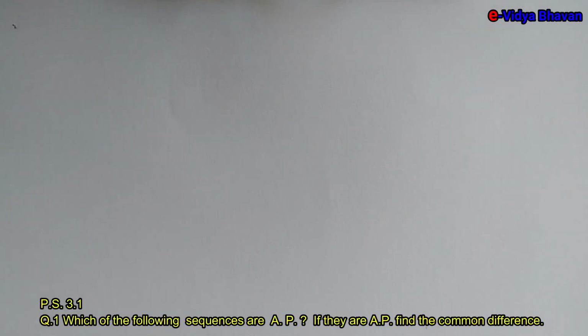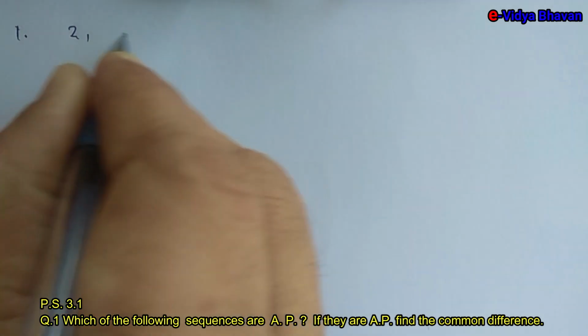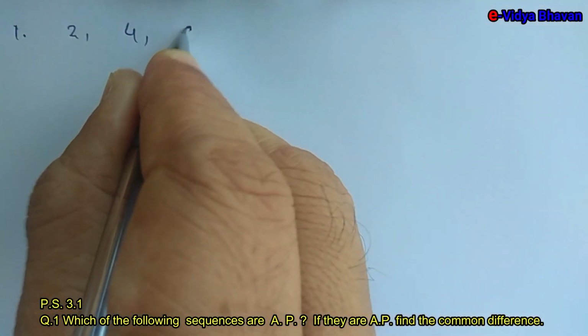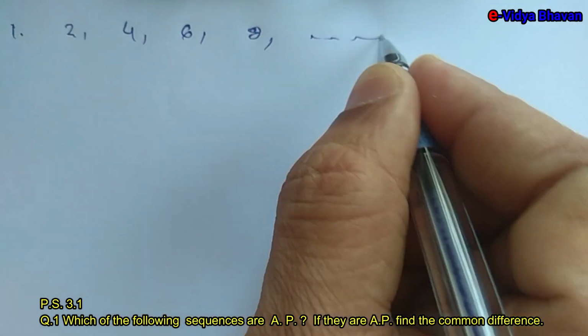Friends, let's start with the first practice set 3.1. Let's read the question. Which of the following sequences are AP? If they are AP, find the common difference. Let's see the first example: 2, 4, 6, 8, and so on.